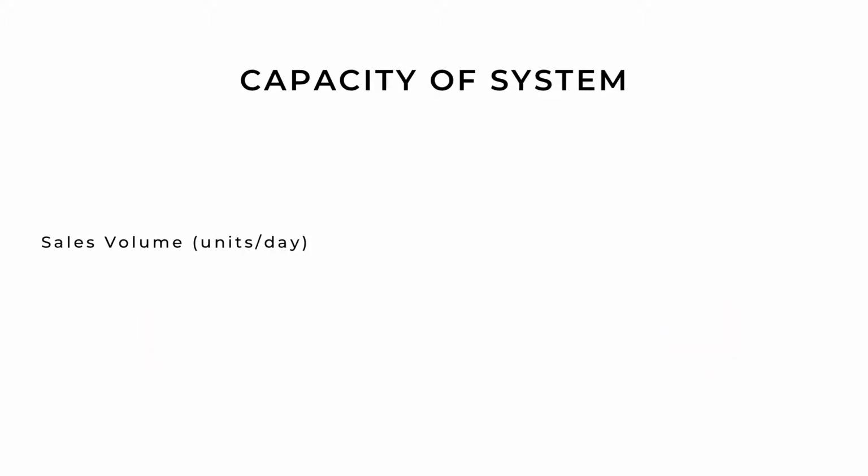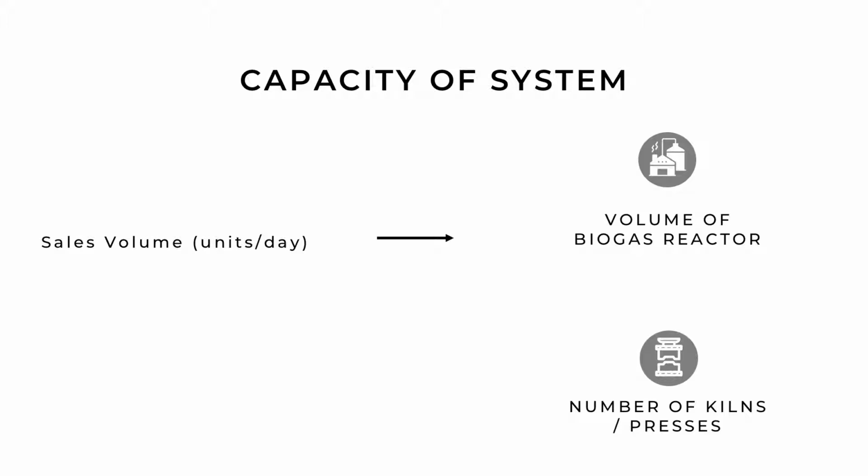By using the expected sales volume in units per day, you are able to estimate the capacity of the system. For instance, the volume of biogas reactor and the number of kilns or presses for the production of briquettes.